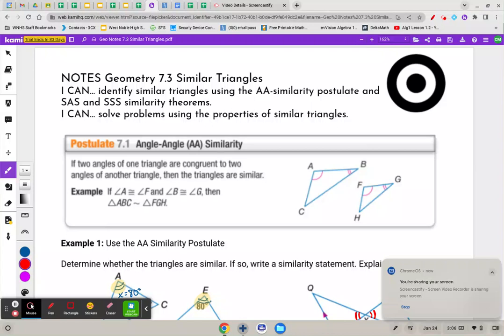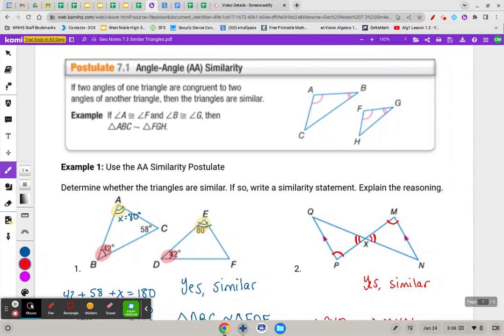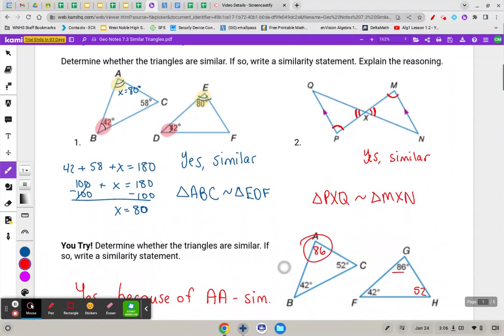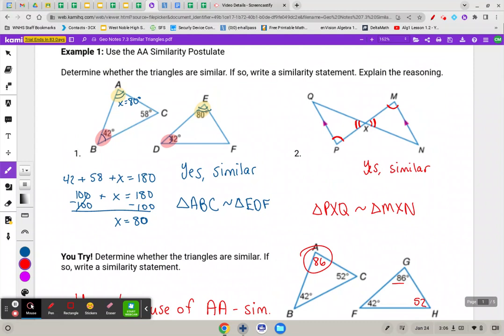Hi guys. Previously we were learning about 7.3 similar triangles, and we're going to continue on with that today. So we saw angle-angle similarity, and we learned that you need two pairs of congruent angles to say that the whole shape is similar to another shape. We checked some, we used different theorems, like for example right here we have vertical angles theorem.